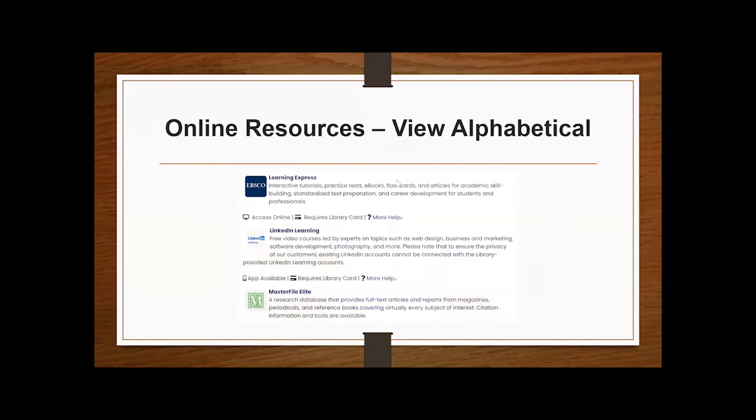And when you go into research and learn, you're going to see a whole list of items. One of the items is called LearningExpress, and that's what you're going to click on.